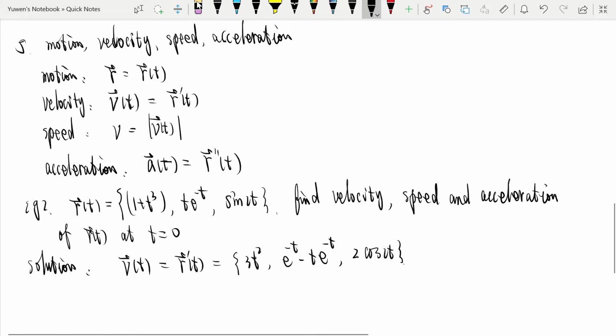And acceleration a(t) is the second derivative of r(t), that is (6t, negative 2 e to the negative t plus t e to the negative t, negative 4 sine 2t).